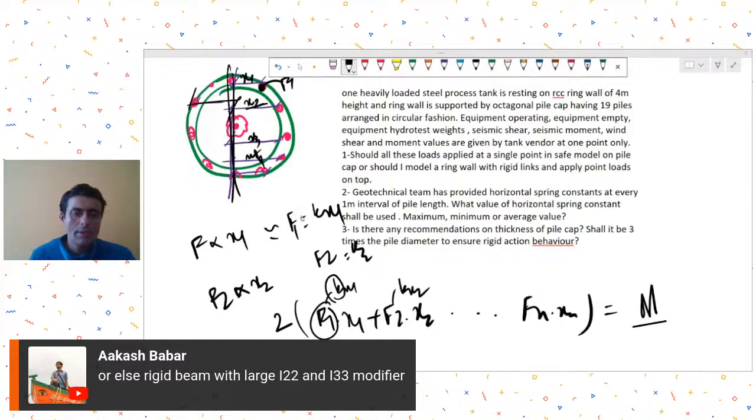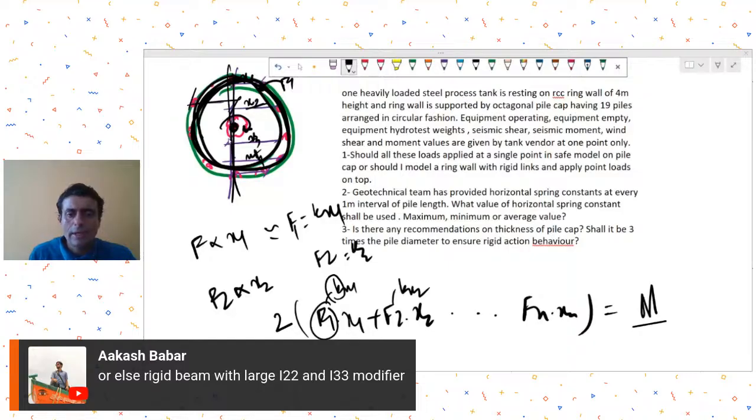Mr. Akash is informing that rigid beams with large I22 and I33 values may be provided. Maybe you could create a very, very thick slab over here on top of it, a very thick slab, maybe with no self weight, and then you could apply a point moment to this, and then see how the loads are getting transferred. Maybe something like that.